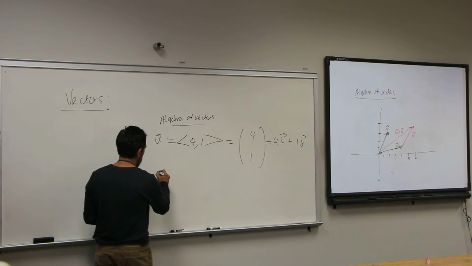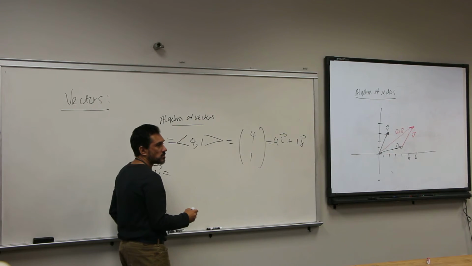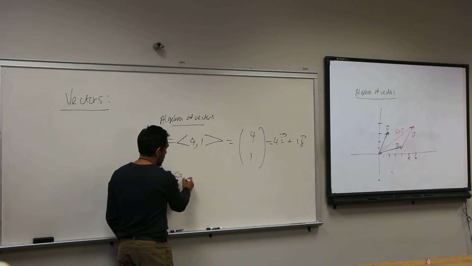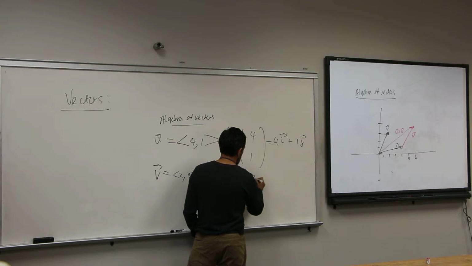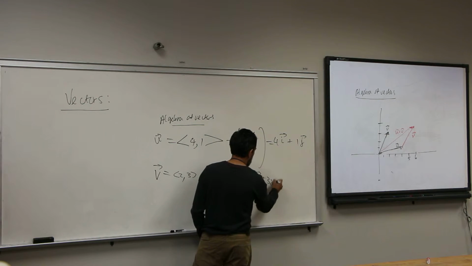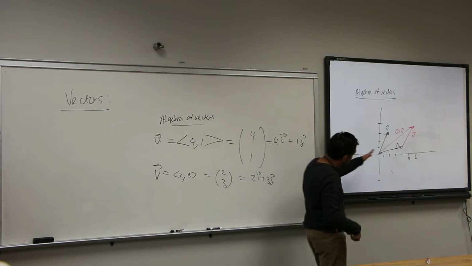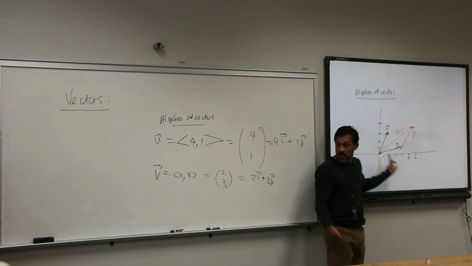And what is the vector b? Two along and 3 up. Now the physicist is talking about that vector here.